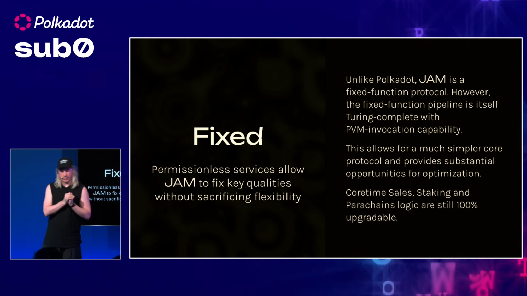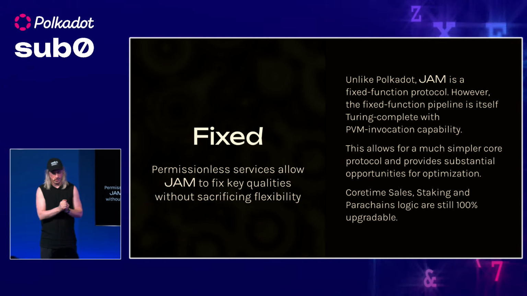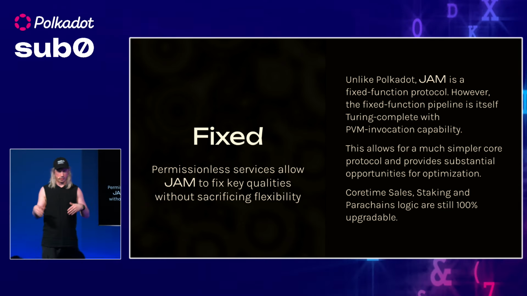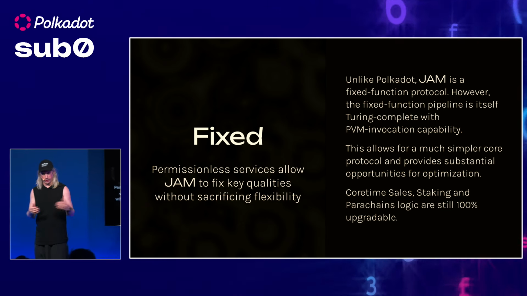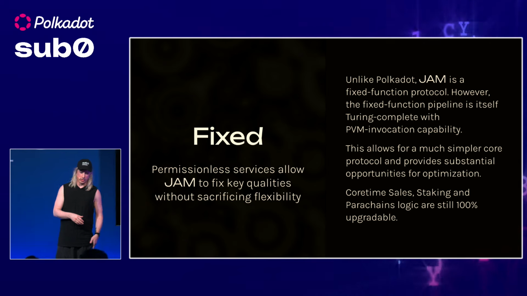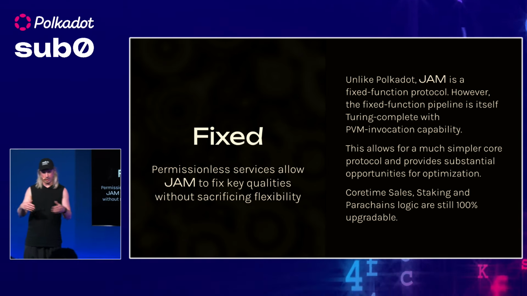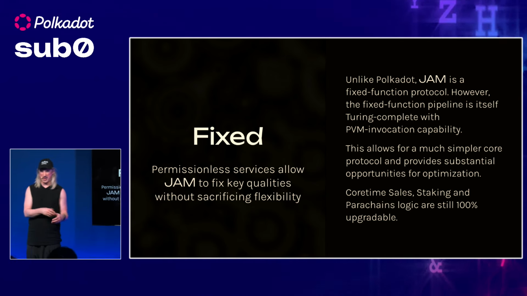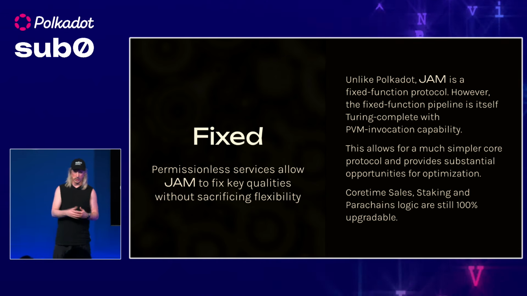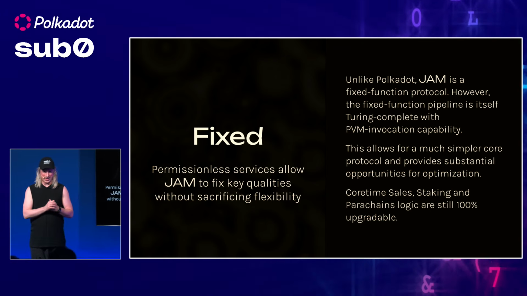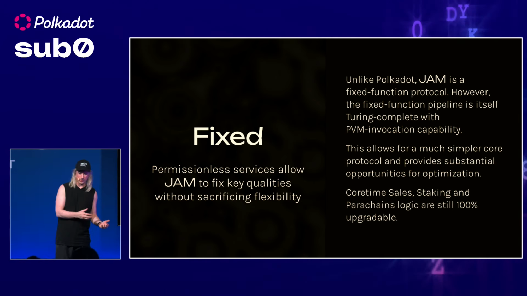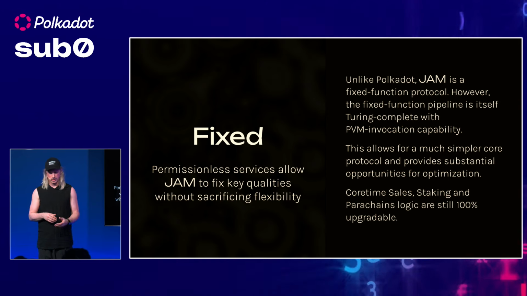In particular, much of the flexibility that we get from the WebAssembly meta protocol that we've used it for with Polkadot Relay Chain would still be similarly flexible with Jam due to its service model, right? Effectively, the service model takes over the upgradability responsibility, and the chain itself is not designed to be upgradable.